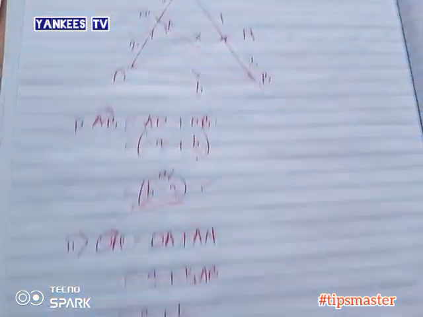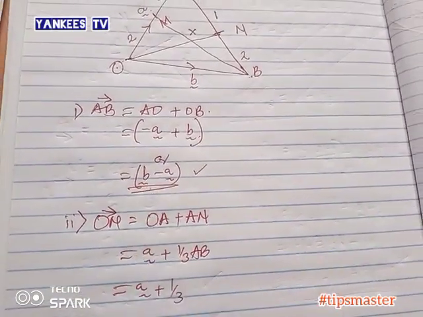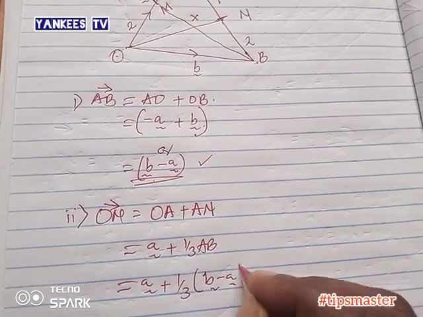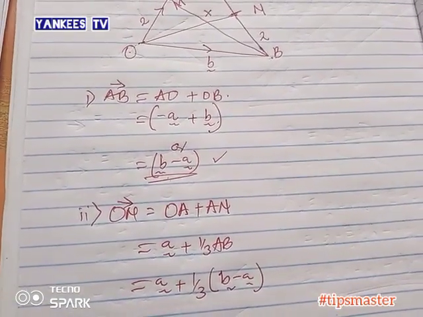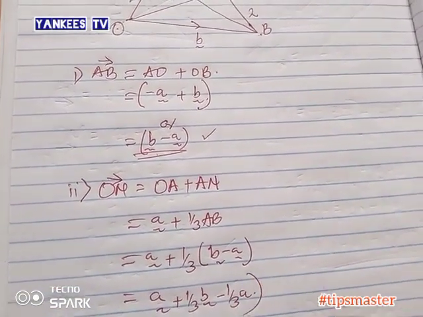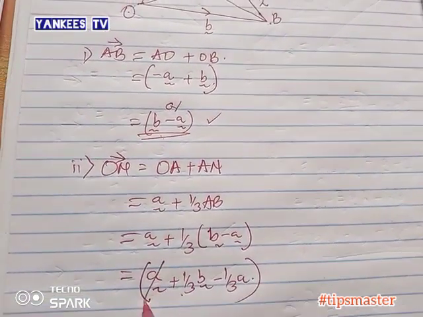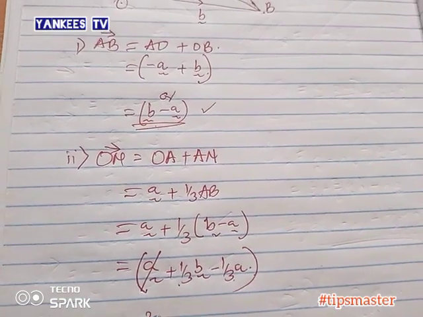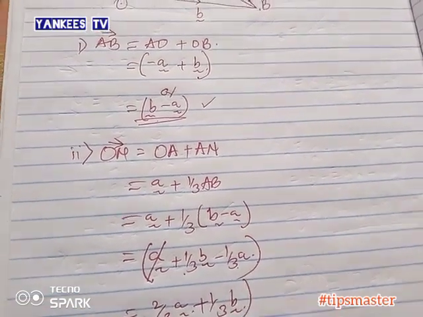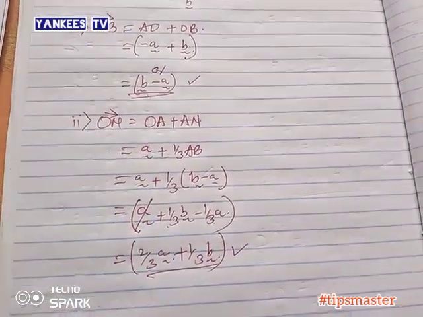So a third of AB, and we know AB is already done there, shall be a third of B minus A vector. Breaking the bracket, we shall have a third B minus a third A. Collecting like terms, A minus a third A will remain with 2/3 of A plus a third B. So that shall give us the vector ON.